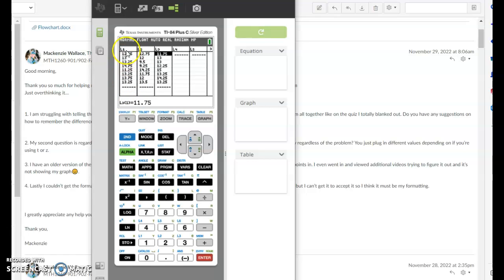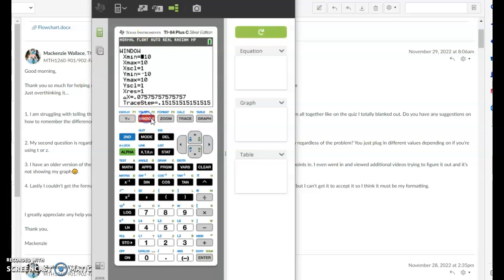So I might tell my x's to be from 0 to 15. And these are my y's. They seem to range from 9 something on up to 15 would cover it. So I'm going to tell the x's to go from 0 to 15 and the y's to go from 0 to 15 to show up that way.